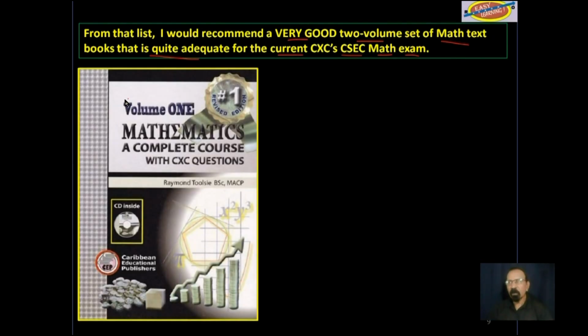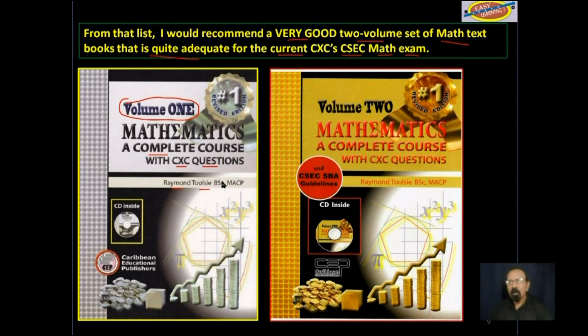Here is a picture of volume 1 of that textbook, Mathematics, a Complete Course with CXC Questions by Raymond Hulsey. And here is a picture of volume 2.